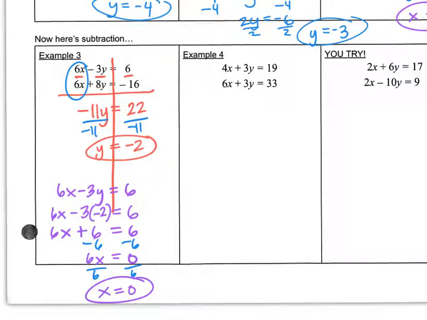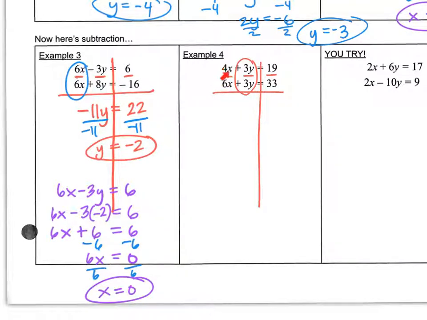Example number 4, we have 4x plus 3y equals 19, 6x plus 3y equals 33. Again, we are going to subtract. I'm going to subtract everything because we get to eliminate our y. So that's 0, what I've circled. 4x minus 6x.